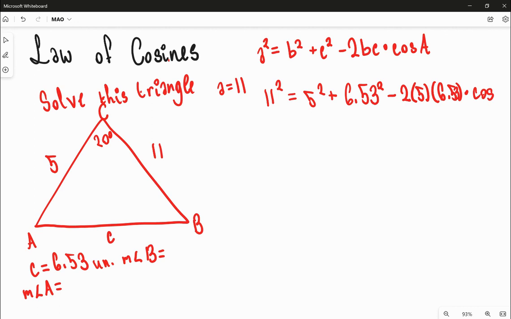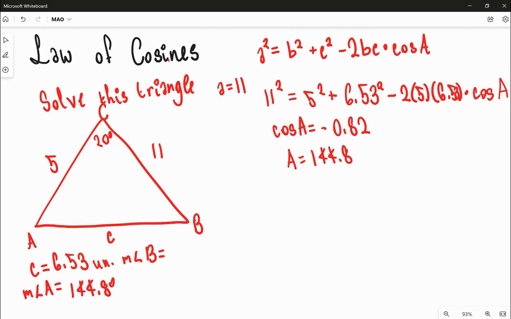We don't have that angle, so that would just be times cosine A. If you solve this out, cosine A is equal to negative 0.82. And then if you do the inverse cosine of that, then you get 144.8. So obviously our triangle is not to scale, but A is equal to 144.8 degrees.